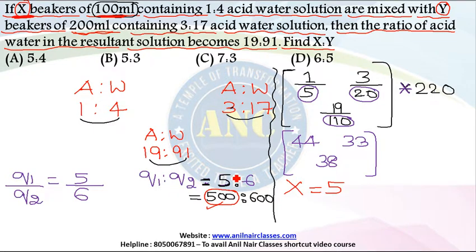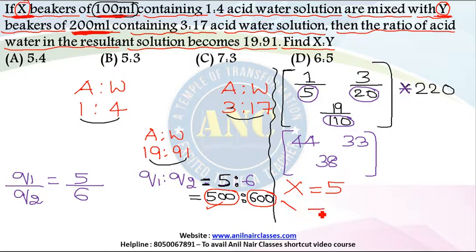Similarly, in the second variety, totally 600 ml of liquid is present right now. But each can in the second variety has a capacity of 200 ml. That means every can contains 200 ml, and totally you have 600 ml. So Y such beakers are there.